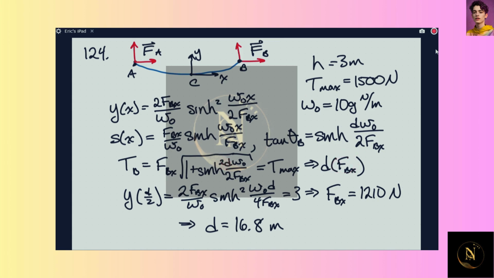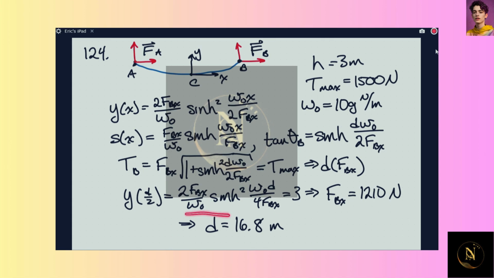Now, we know the sag is 3 meters, so Y at D over 2, which is just given this expression here, needs to be 3 meters. We can then take this function here and plug it into here and get a very, very ugly expression, but an expression in which the only unknown is FBX, the horizontal load.